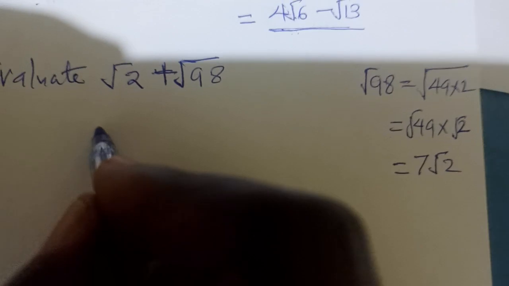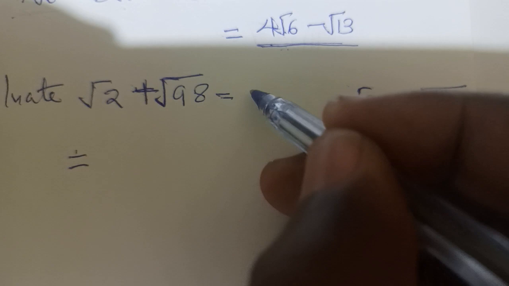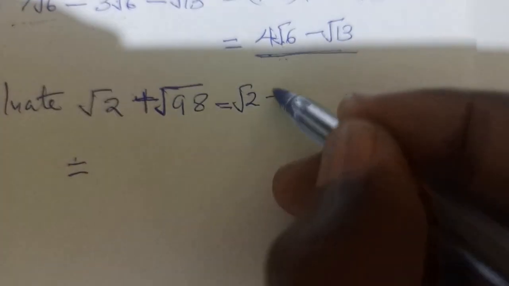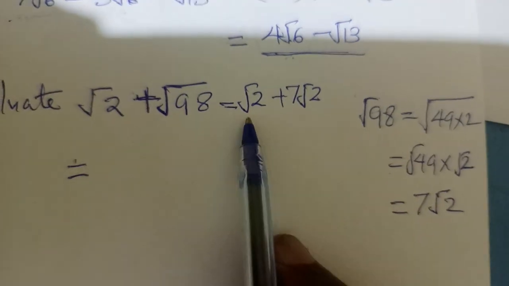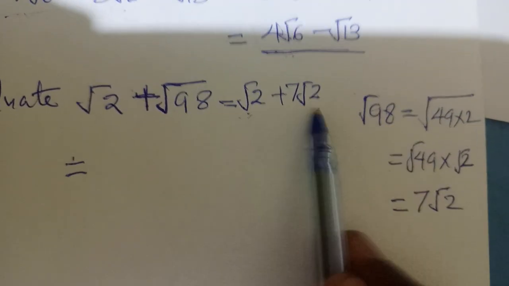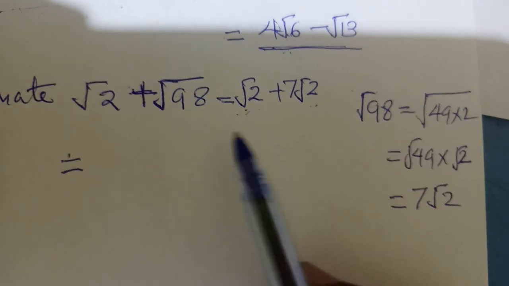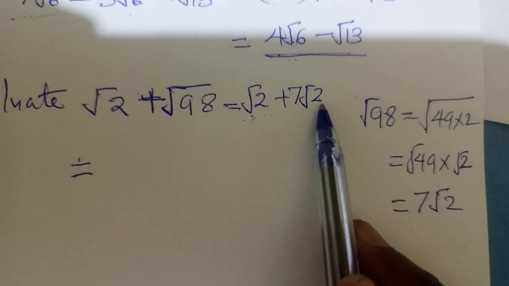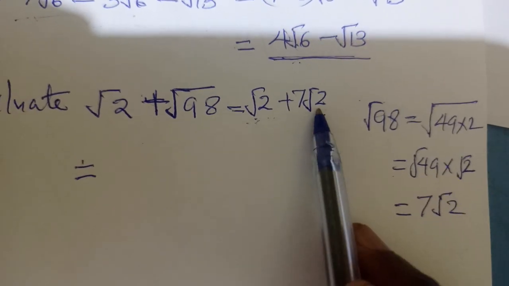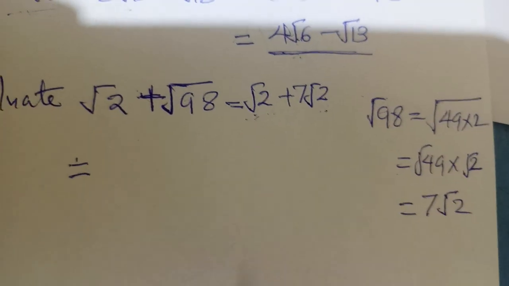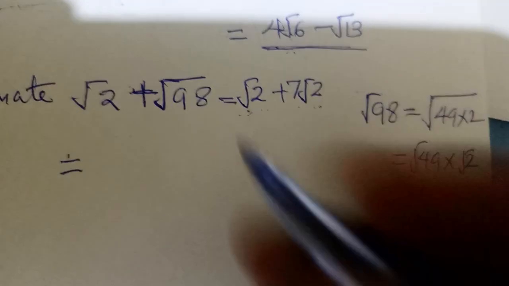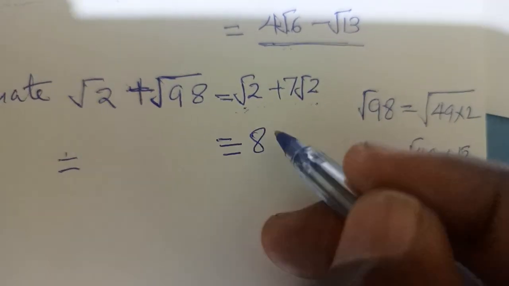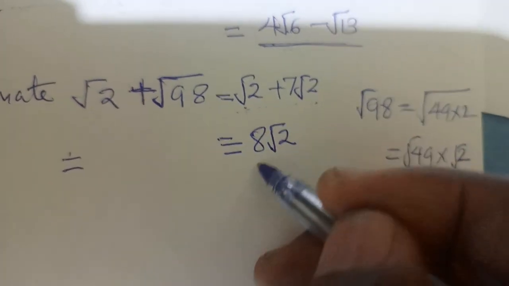So you can see, therefore, that what we have here can also be written as root 2 plus 7 root 2. Now at this stage, we can see you have two surds of the same order and the same number under the root. Therefore, we can add them and simplify and get one surd. So in this case, we have 1 root 2, simply read as root 2, plus 7 root 2, and the answer therefore becomes 8 root 2.